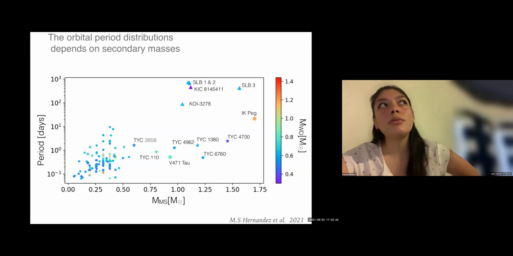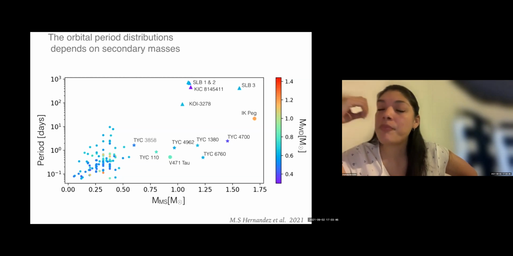This is 0.2 to 0.3 alpha. But compared with these long orbital period systems, for example, COI 3278, they need this extra energy. But is this what you ask, or?